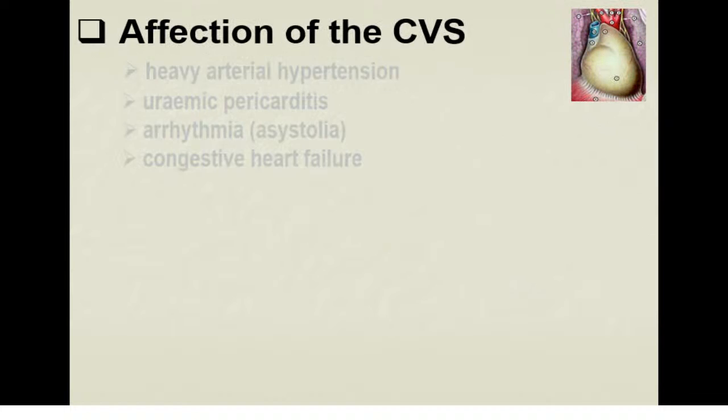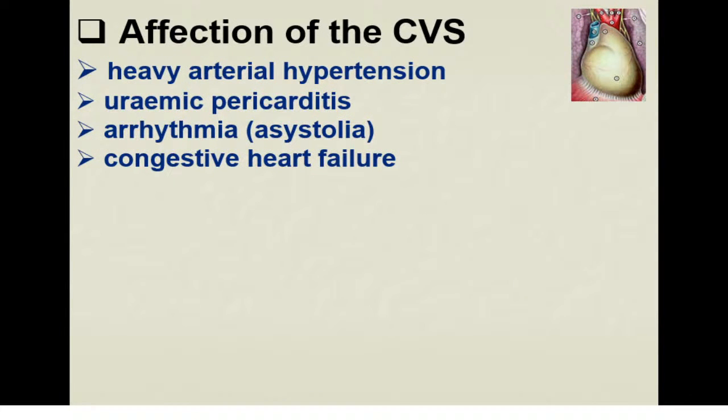The cardiovascular system is also involved in the pathological process. First of all, the heart is affected due to progressive hypertension. Then, due to affection of the serosa with urea, there will be uremic pericarditis. Due to disordered electrolyte balance, different types of arrhythmia. Due to disordered water balance, there will be congestive heart failure.